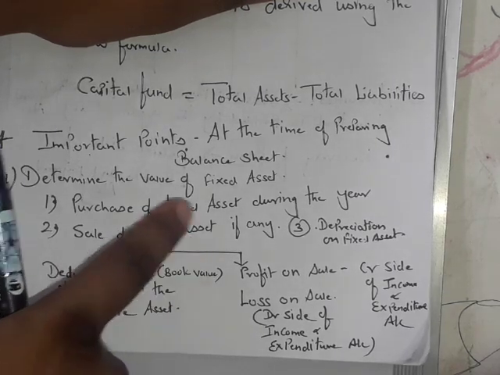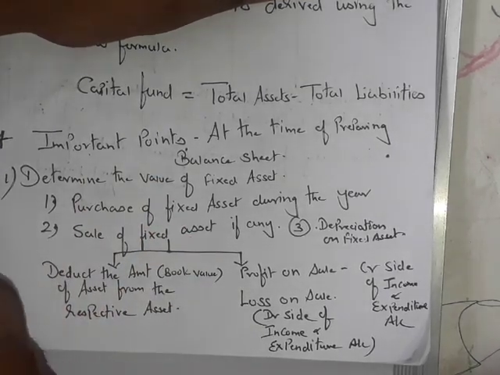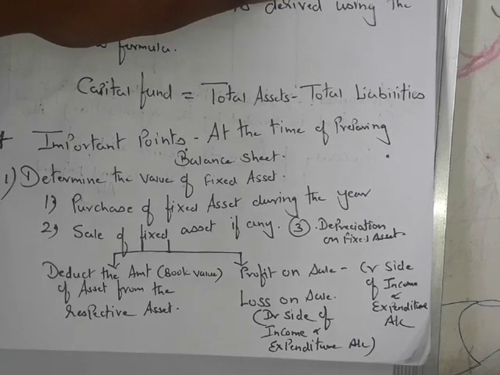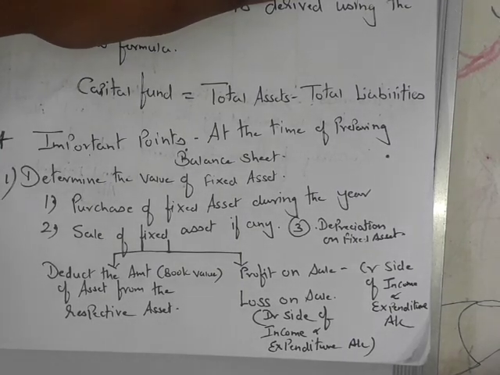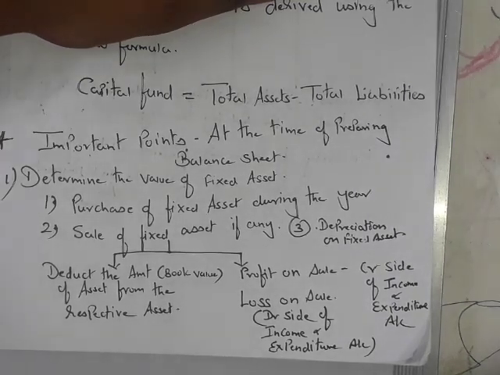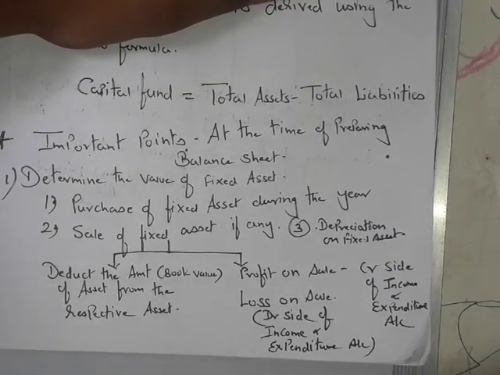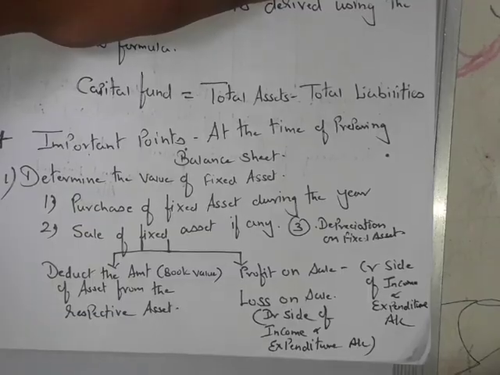And you must apply depreciation on the fixed assets, deduct the depreciation, and show the net amount on the asset side of the balance sheet. Clear? Now let's move on to the next segment.